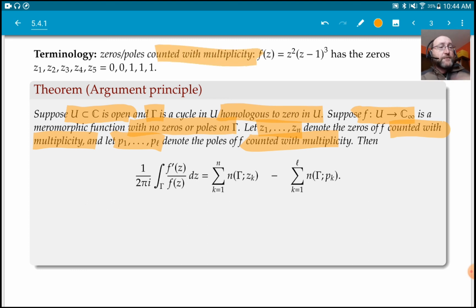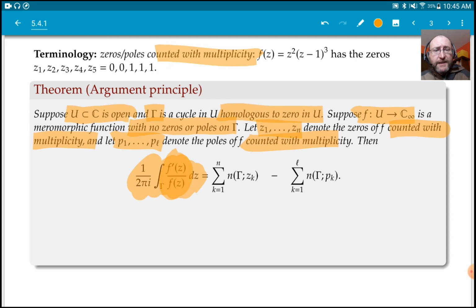And then what the argument principle says, or the simple version of it, is that this integral, 1 over 2 pi i, who cares, it's just a constant, but the integral around gamma of f prime over f, which is the derivative of log f. So that's what's up here.